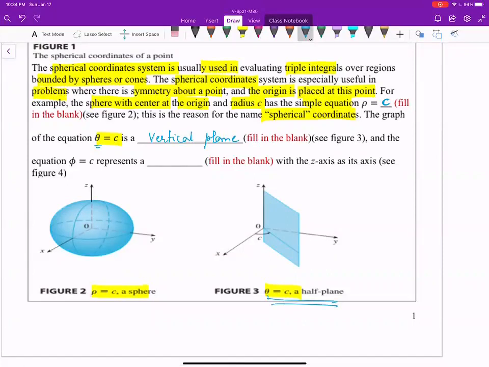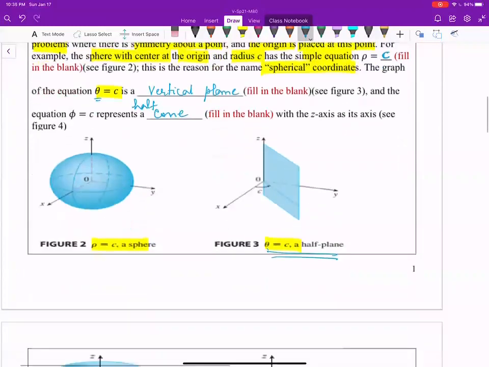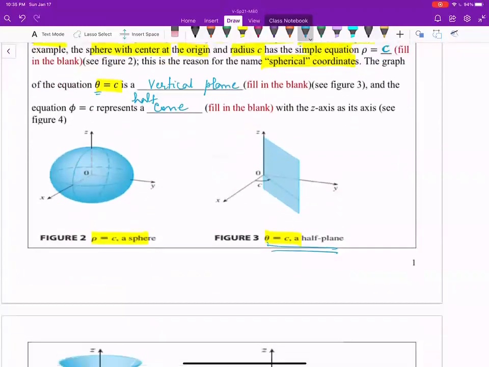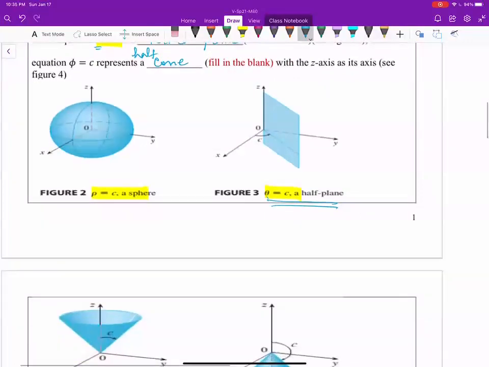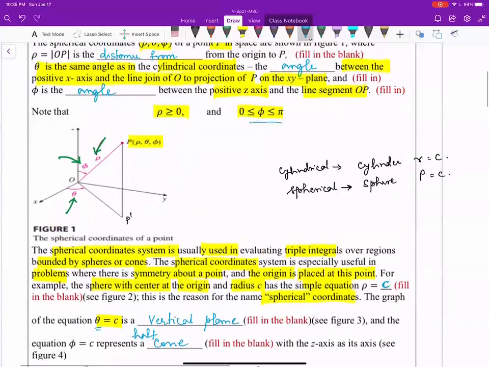If phi is a constant, then it represents a cone. Phi equal to constant represents, in fact, a half cone with the z-axis as its axis. So when you say phi equal to constant, you know that phi lies only between 0 and pi.